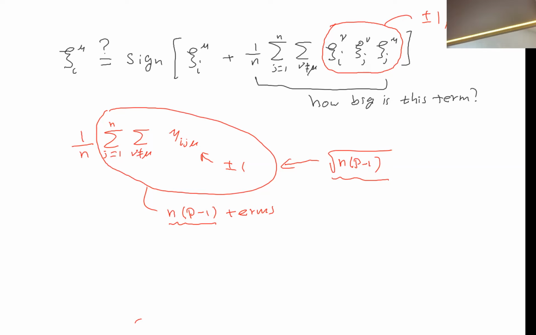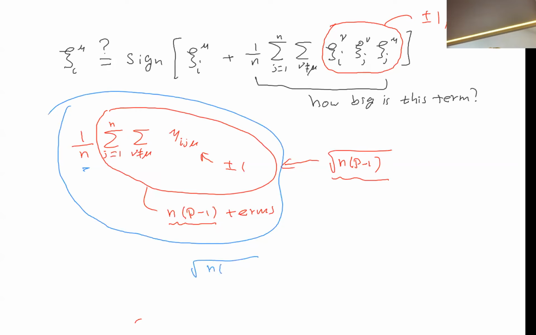Okay. We also have the factor of 1 over n over here. So the whole term scales as root n p minus 1 over n, which equals the square root of p minus 1 over n. And for large p, that's about square root of p over n. Okay.